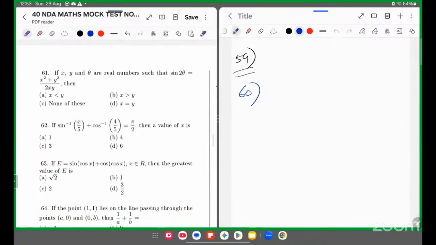Question number 61. If x, y and theta are real numbers such that sin 2 theta equals (x square plus y square) divided by 2xy.